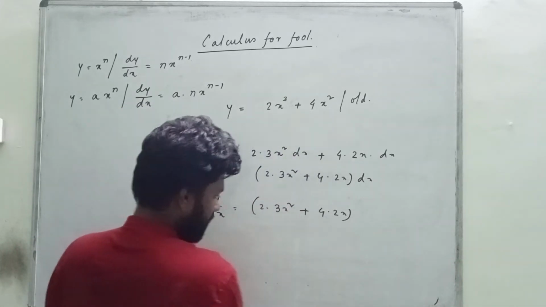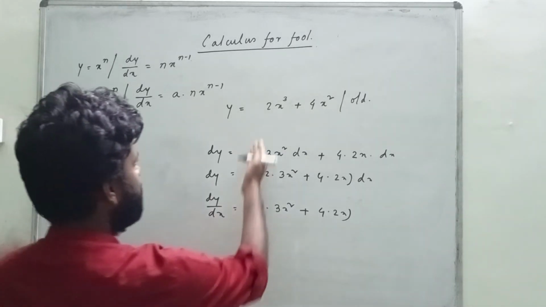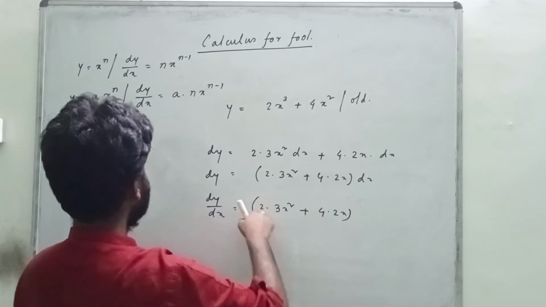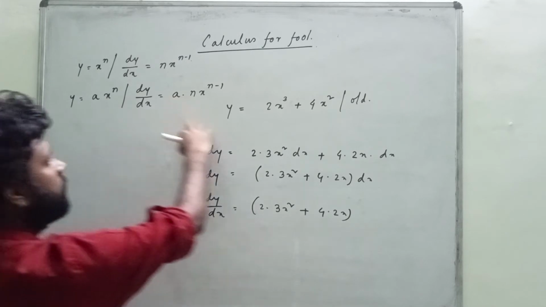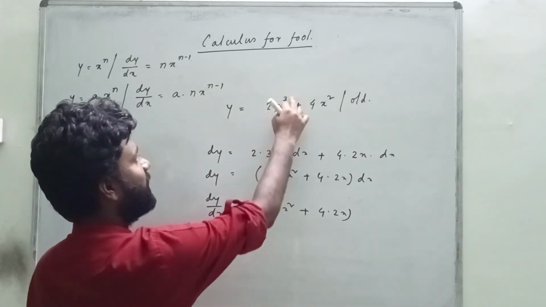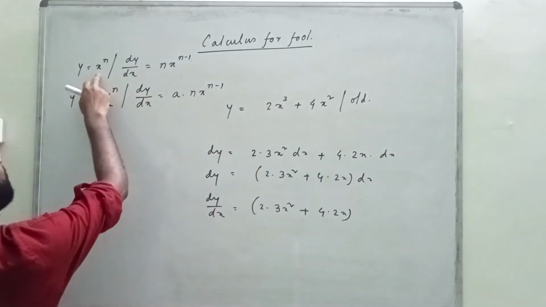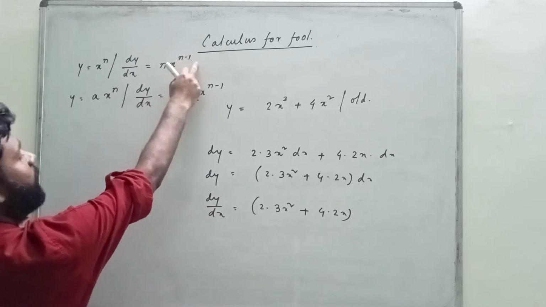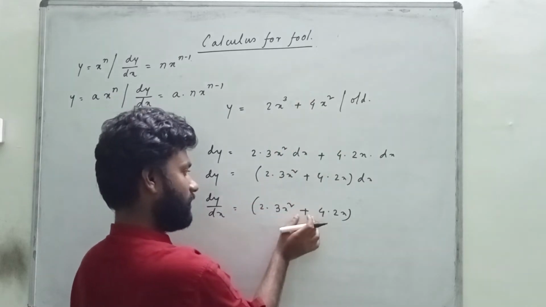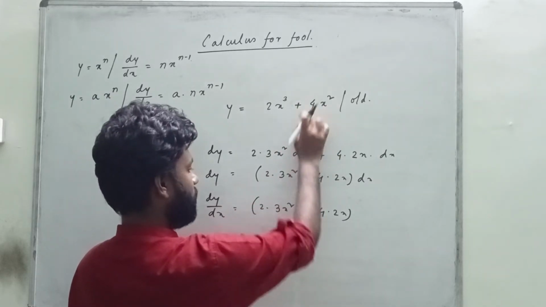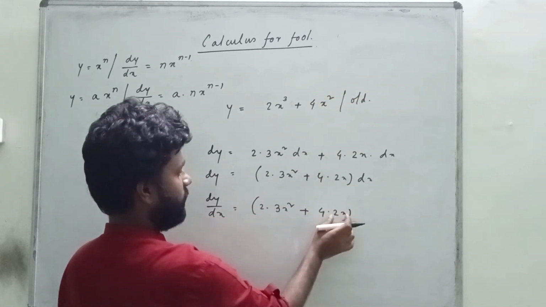Okay. Now just take a look here. What will happen here? The 2 remains constant, because in our formula the constant remains constant, and x cube goes to 3x squared, right? Obviously, because x to the power n goes to n x to the power n minus 1, so x cube goes to 3x squared, and the plus remains plus. The 4 is a constant, remains constant here, and x squared obviously goes to 2x, right?